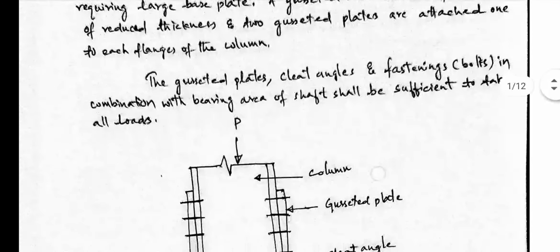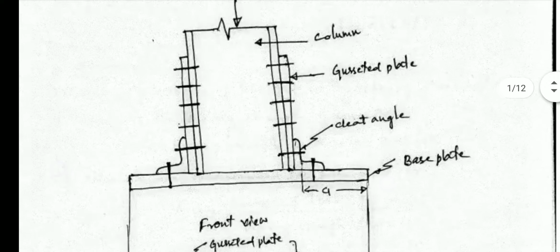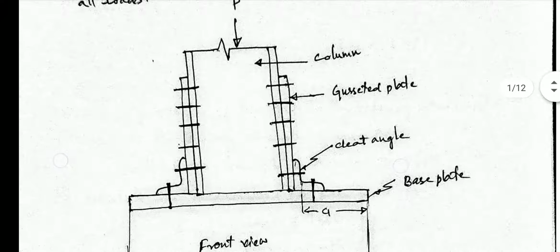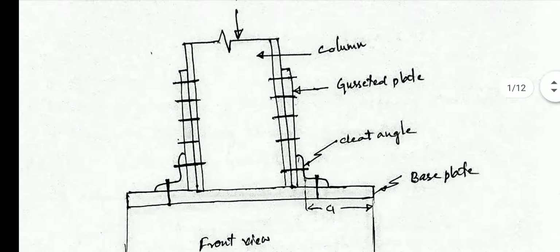Let me show you the diagram. In the diagram I show only the I section, with the load acting as P. I show only the components of the gusset base. I have taken a single I section and cover plates, attached with the gusset plate on both sides.